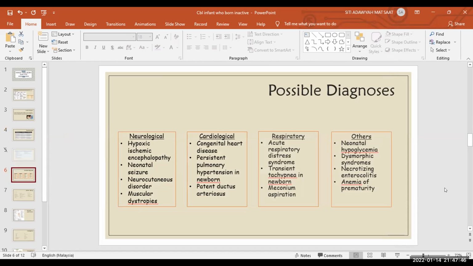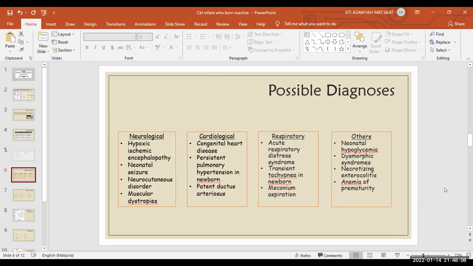And the other possible diagnoses can be neurological, cardiological, respiratory, and others. For neurological problems, hypoxic ischemic encephalopathy, neonatal seizure, neurocutaneous disorder, and muscular dystrophy can lead to an infant being born inactive.